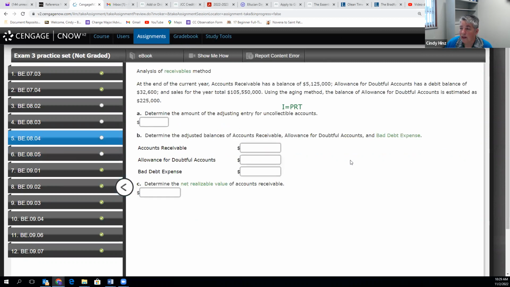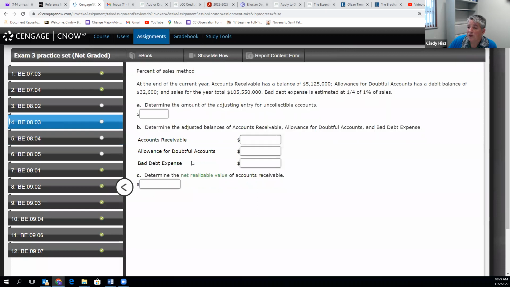For the other calculations for the receivables, keep in mind for the AR aging approach like we have here, we have to first figure out how much we want to have in that allowance account, then look at what's already in there and determine how much we need to record as an entry to get from where we are to where we want to be. If you're using the net sales approach, then you don't even look at that allowance amount to figure out the entry.